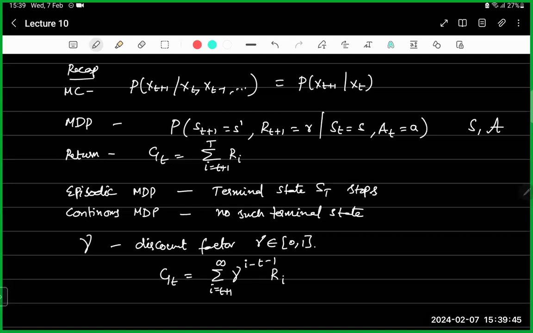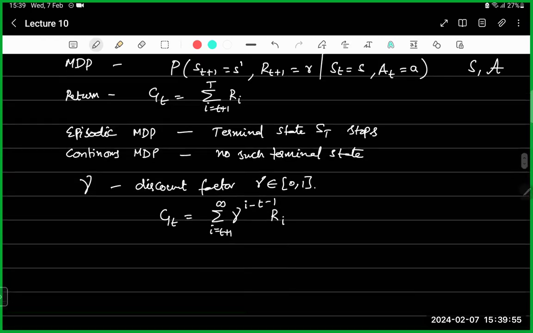It's like gamma R t plus 1 plus gamma times R t plus 2 plus gamma square times R t plus 3, and so on. If gamma is less than 1, this forms a decreasing geometric series, so it will converge.